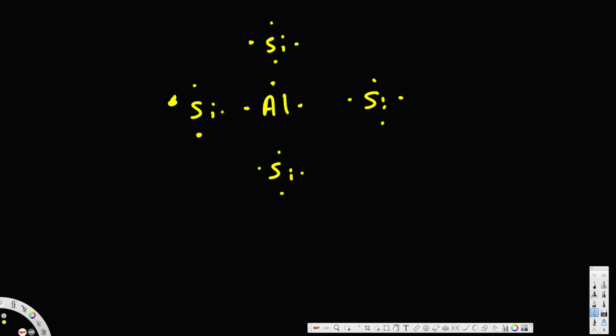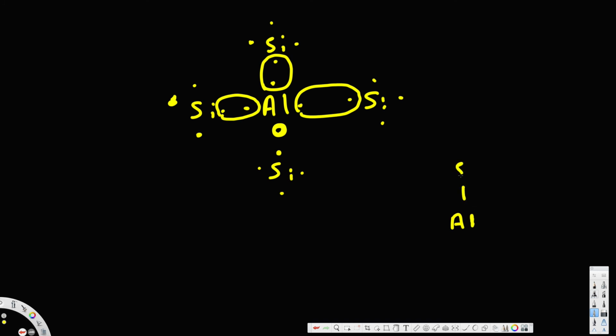Here you can see this one can create a covalent bond, and this one, and this one, but here we have a valence electron for silicon, but aluminum doesn't have enough, right? So that's when it's going to create a hole. So we are going to have a hole like this.